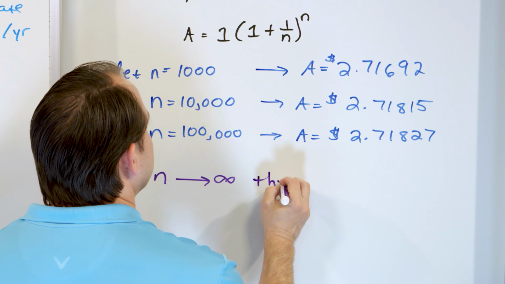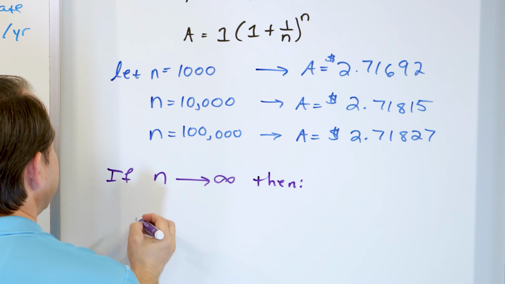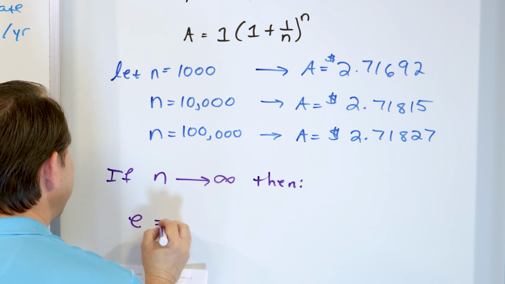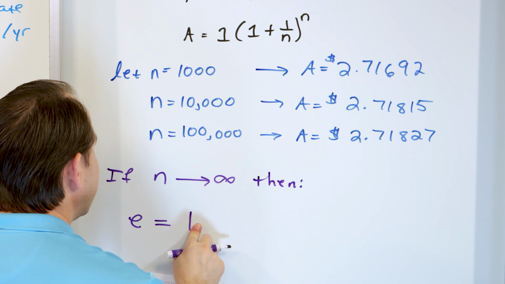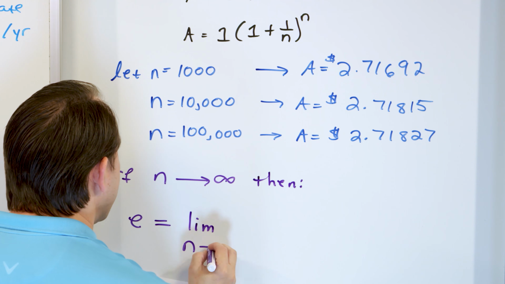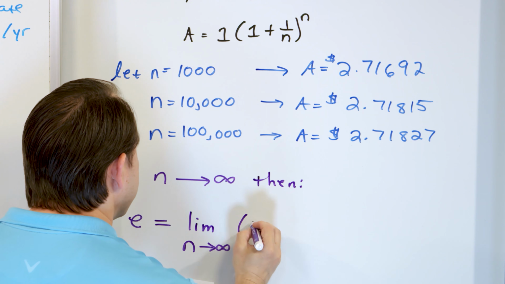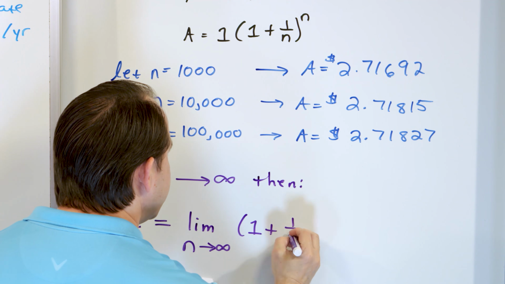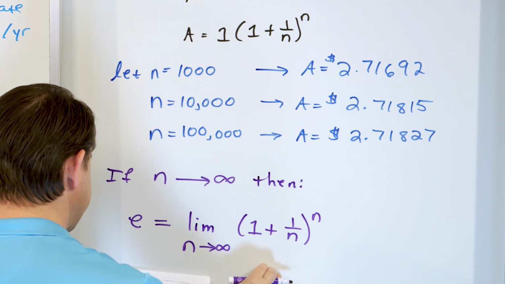But if we let n approach infinity, then the number e ends up becoming, by definition, what we call in advanced math, the limit as n approaches infinity of (1 + 1/n)^n.